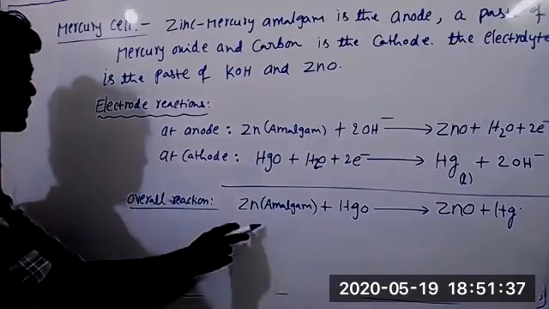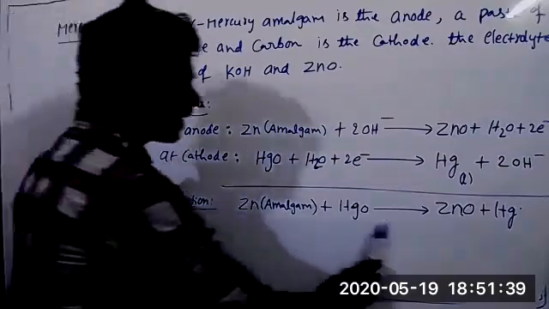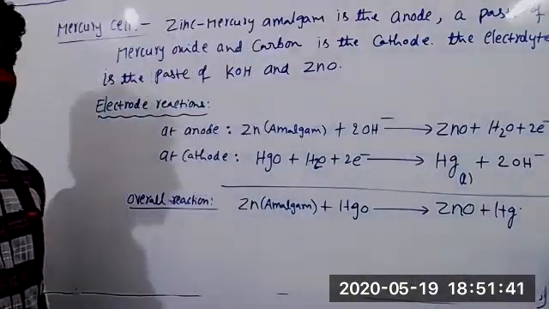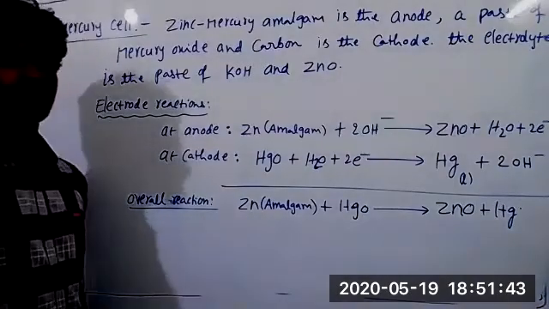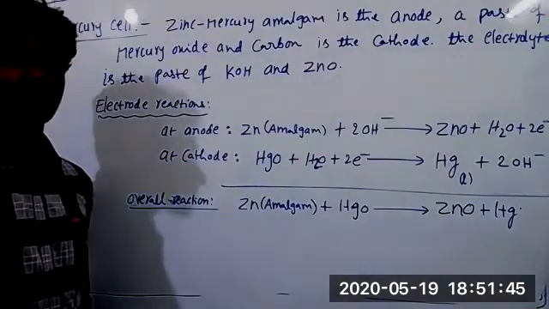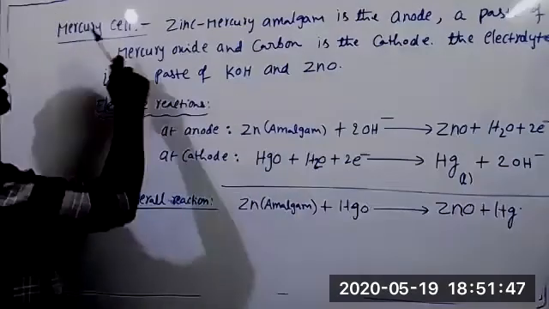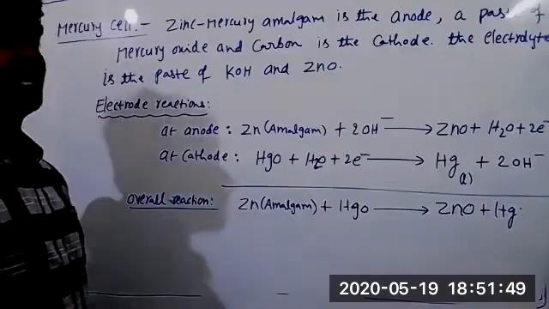See this overall reaction: here ions are not involved. In the overall reaction there are no ions, so there is no change in the concentration of species. That is the advantage of the mercury cell over the dry cell.